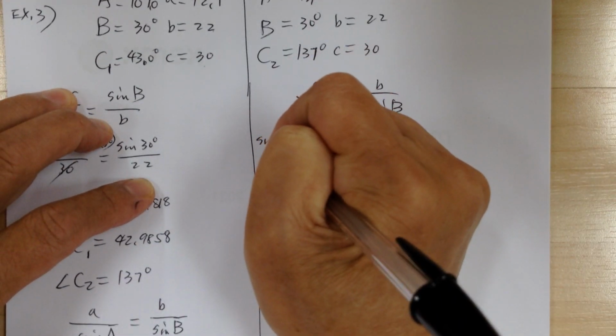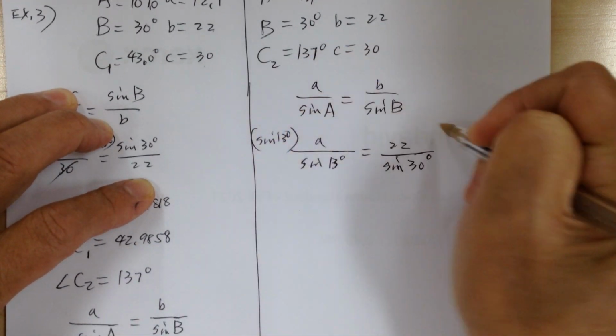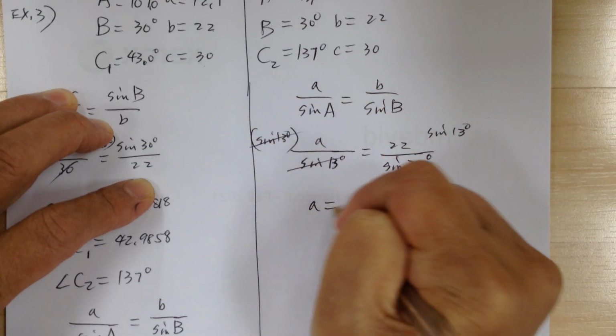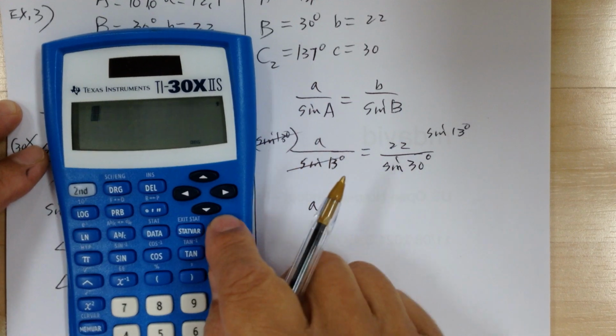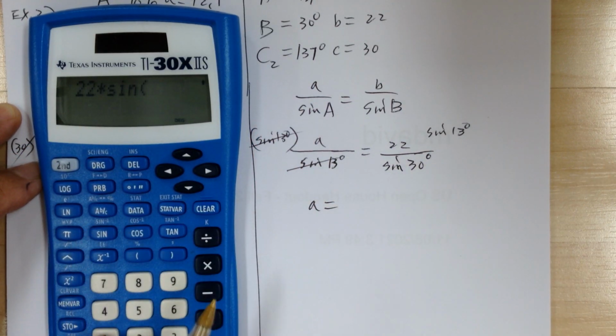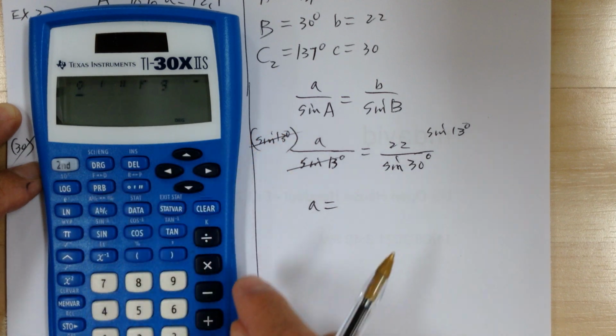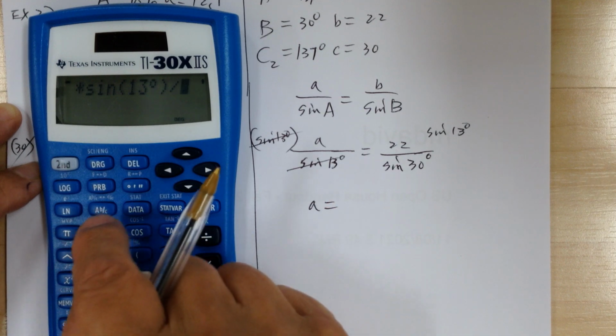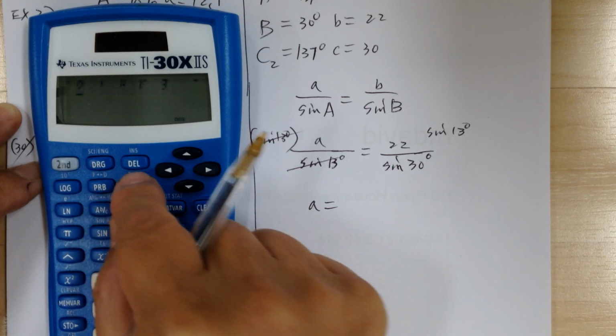So multiply by sine of 13 degrees on both sides. So this will cancel out. So A equals, get your calculator, 22 times sine of 13 degrees divided by sine of 30 degrees.